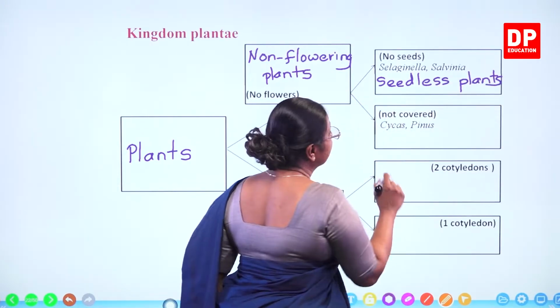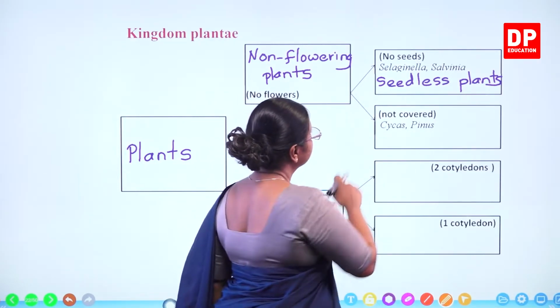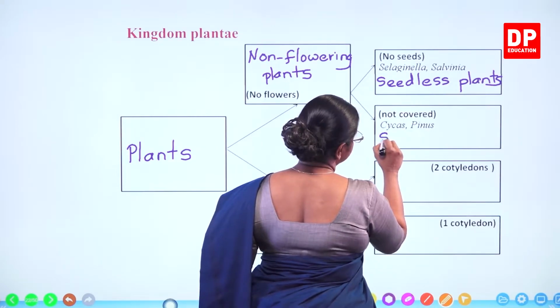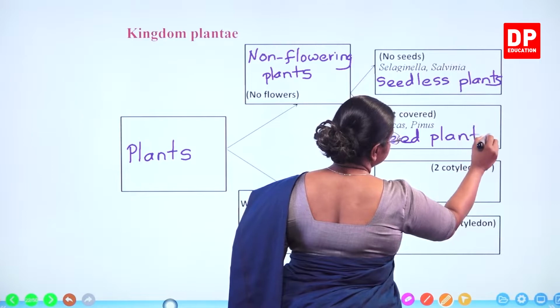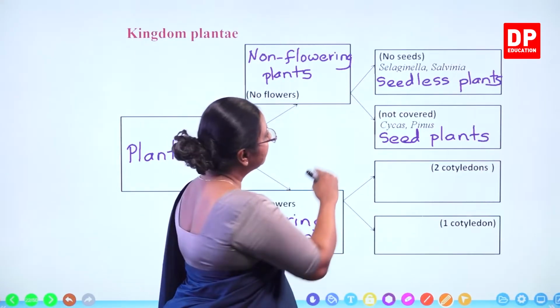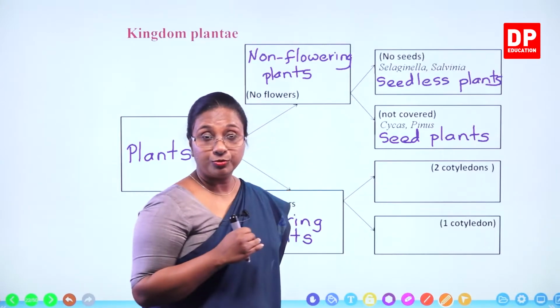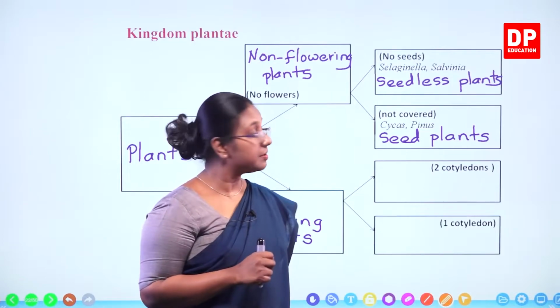Then we have seeds that are not covered by a fruit. So those are the seeded plants or seed plants. The examples for seed plants are cycas and pinus. We will be discussing this particular group of plants after we discuss the non-flowering seedless plants.